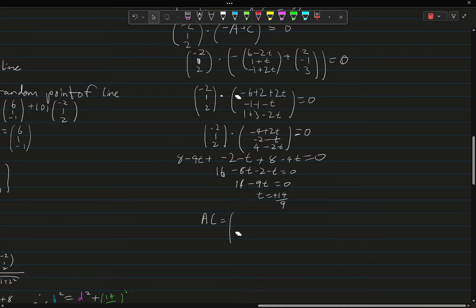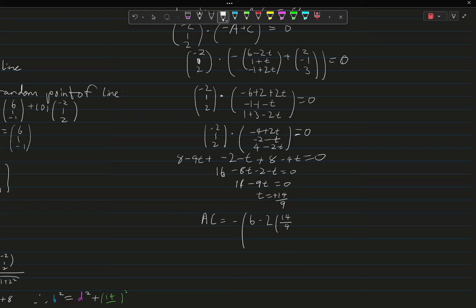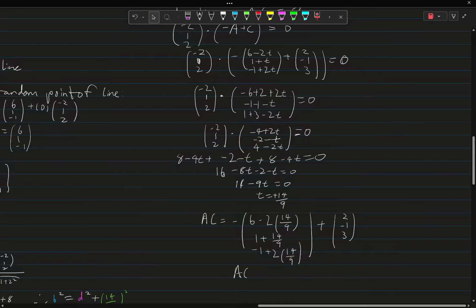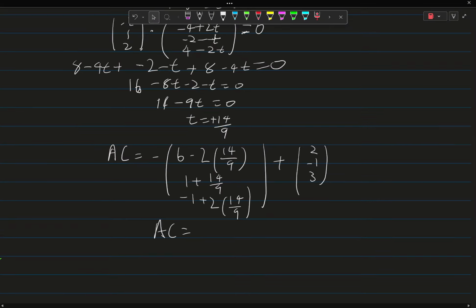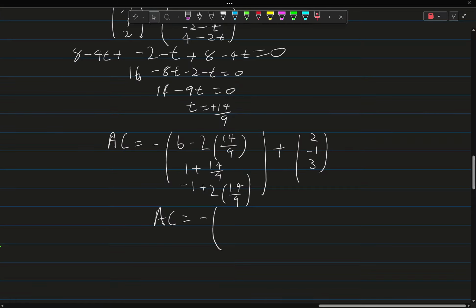Cool. And then that means AC equals, oh god, that's a lot of calculations we have to do. Negative 6 minus 2, 14 over 9, which is very ugly. And that is adding to 2, -1, 3. So AC is equal to negative, I'm using my calculator, I can't be bothered doing this.